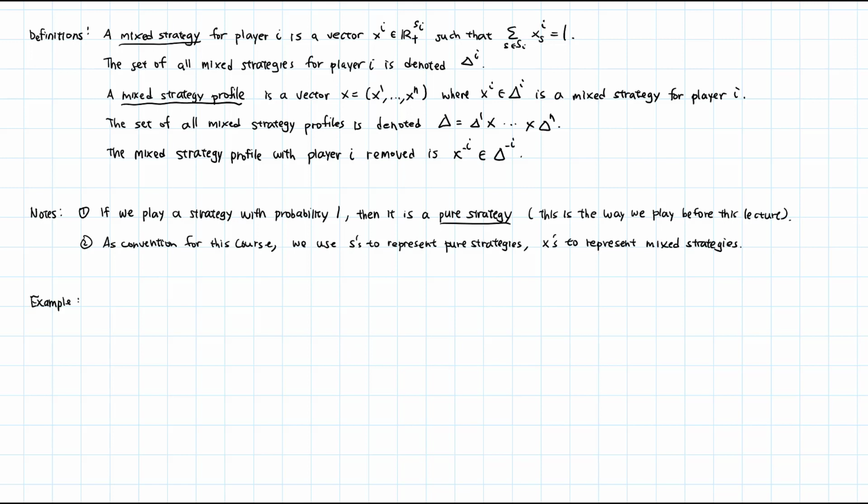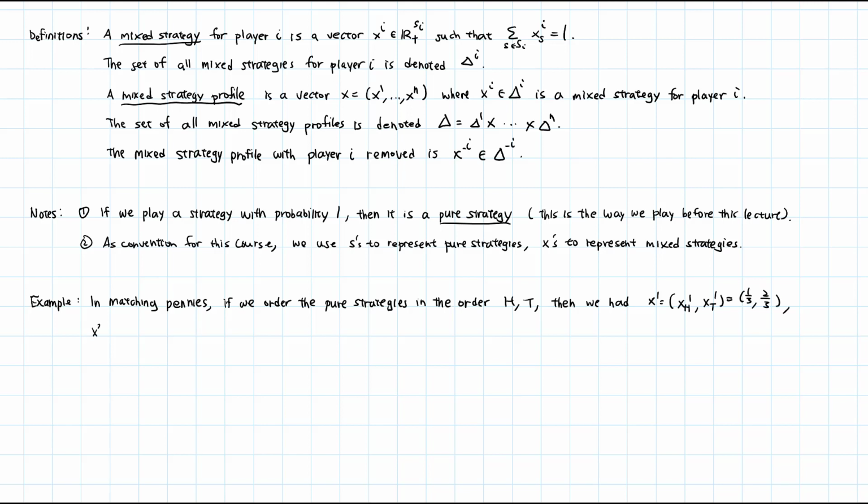In our example of matching pennies, if we order the pure strategies in the order of heads and tails, then we had x_1 = (x_H1, x_T1) = (1/3, 2/3), and x_2 = (x_H2, x_T2) = (3/4, 1/4) as mixed strategies. The strategy profile is then x = (x_1, x_2), which is equal to this.